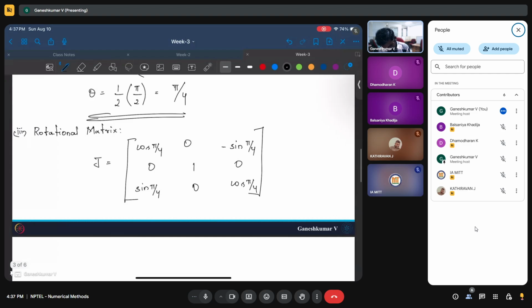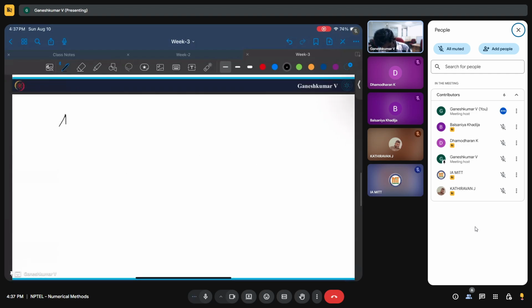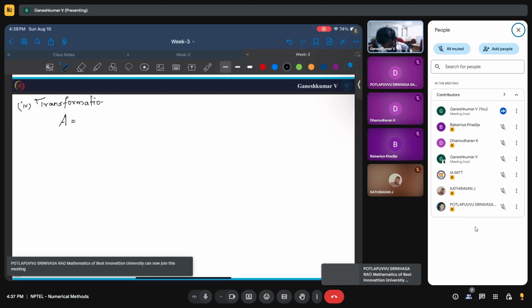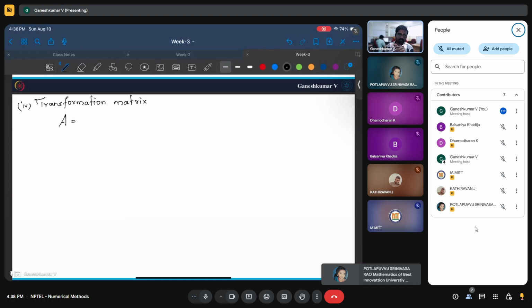Now the fourth step is to find the transform matrix. Here it is a similarity transformation. If you multiply it once, it rotates 45 degrees. But what you also do is you multiply it with J transpose, so it rotates back again by 45 degrees. Usually if you just multiply with the rotation matrix, your eigenvalues will change, but this is a similarity transformation.